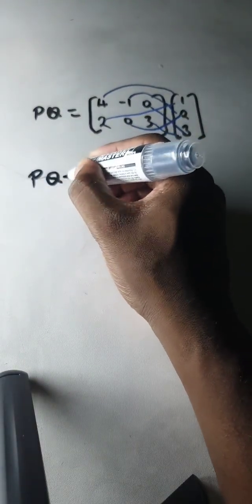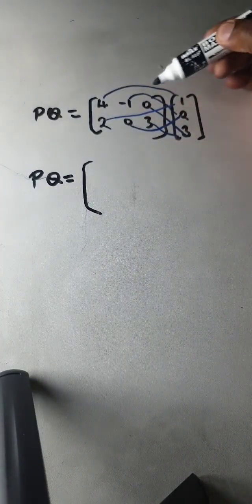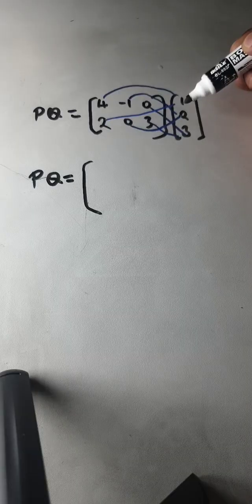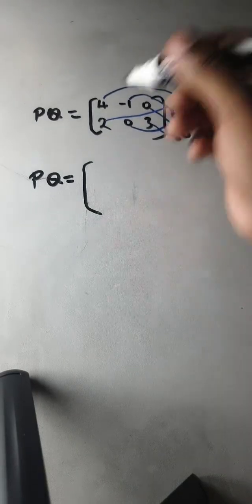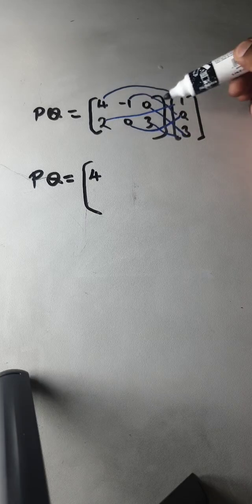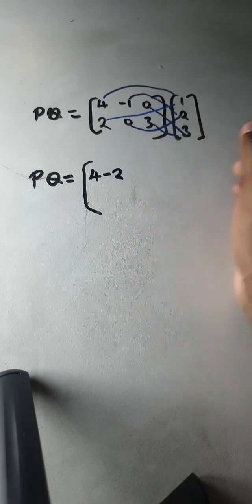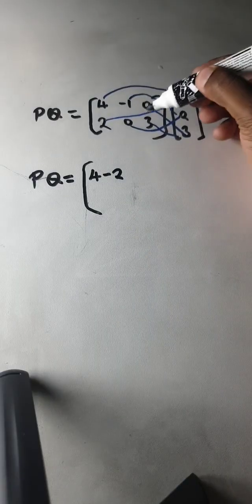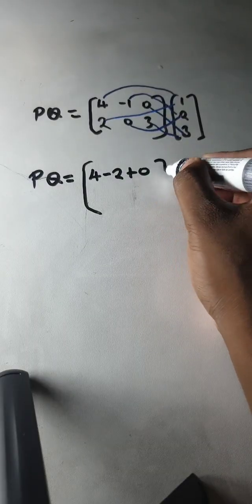So it will be PQ. This 4 is multiplying with the first 1. So 4 times 1 is 4. Then plus negative 1 times 2, it is negative 2. The last one, 0 times 3, it is 0, so we say plus 0. We are done.